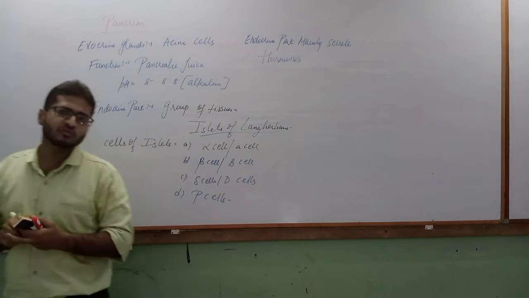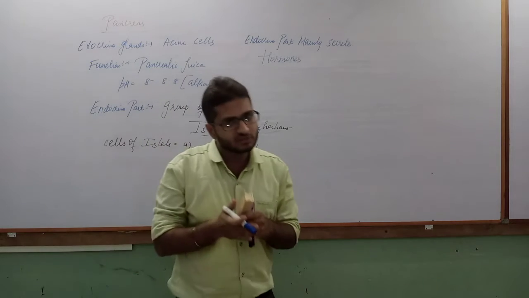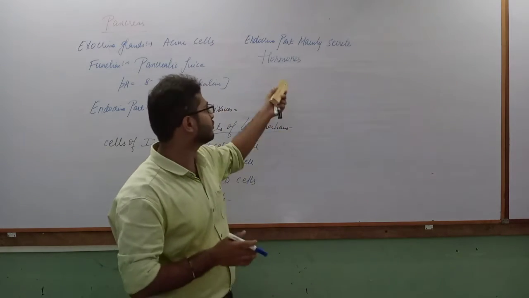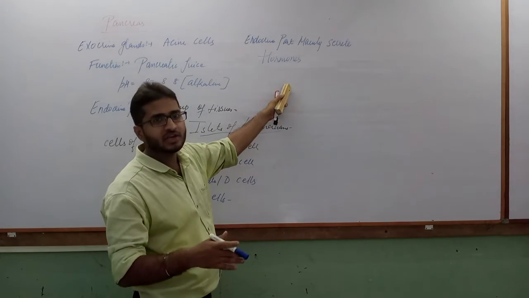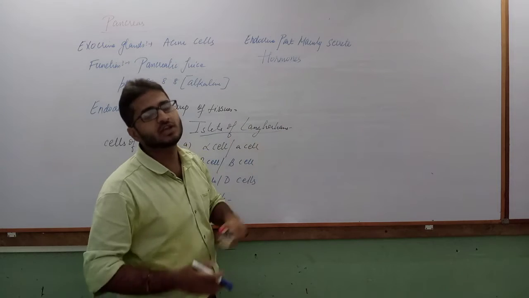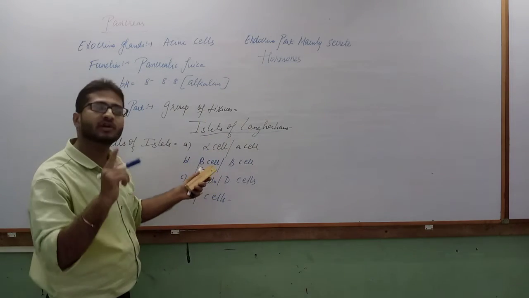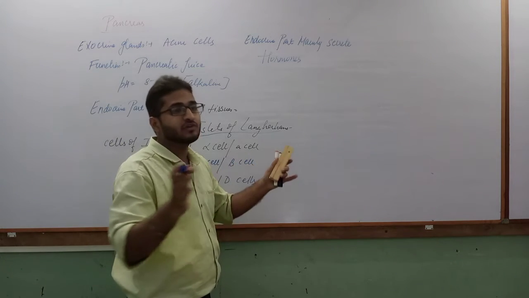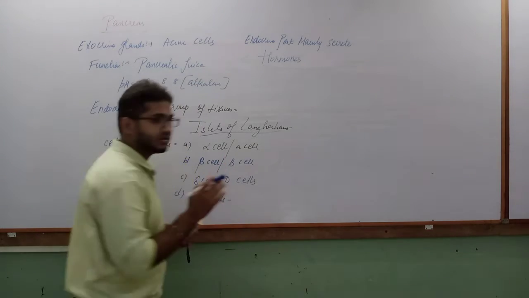So what are hormones? They are chemicals which are secreted in one part of the body and show their effect in another part of the body. Clear? All these cells secrete at least one hormone, and this hormone has wide varieties of physiological functions in our body.